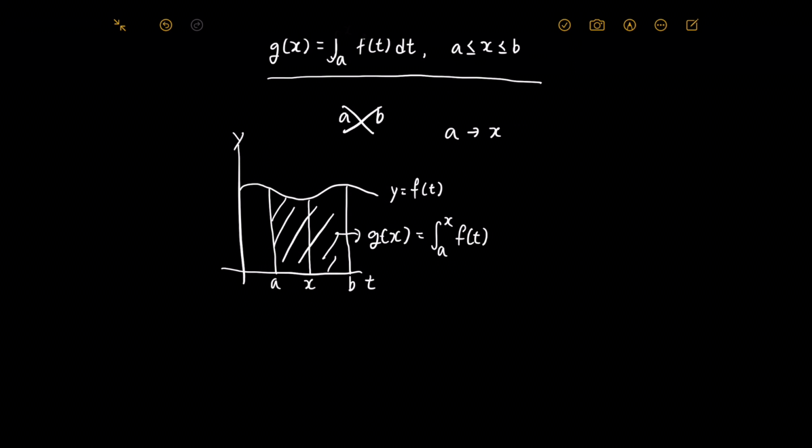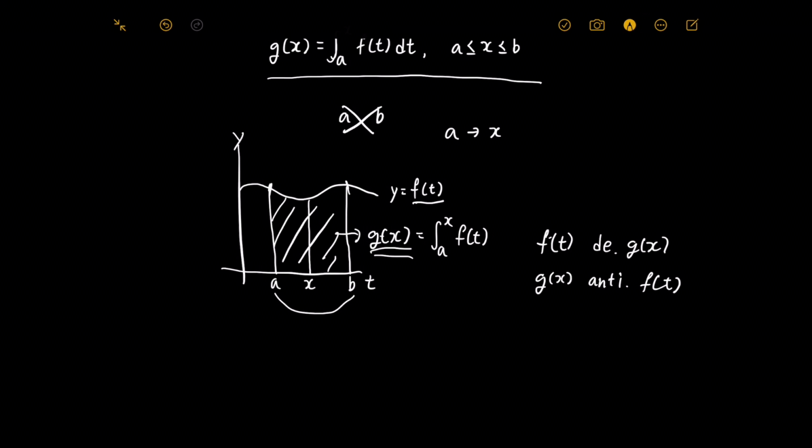From this, we can see that f of t is differentiable and continuous on the interval from a to b. But what we also have to know is that g of x also must be continuous and differentiable on the interval a to b. I'll explain why. f of t is the derivative of g of x, and g of x is the anti-derivative of f of t.